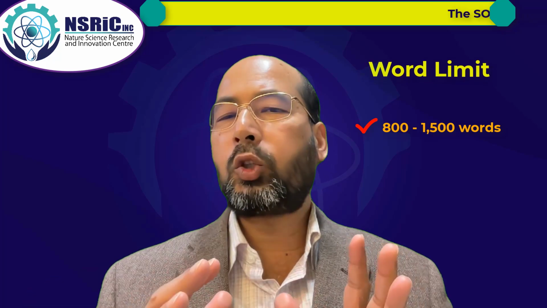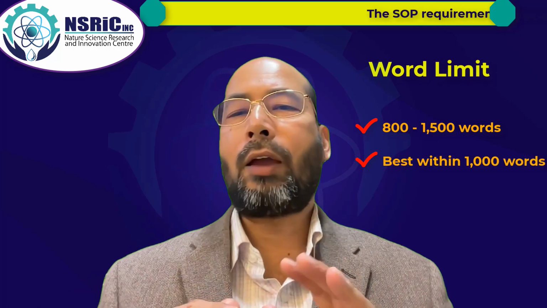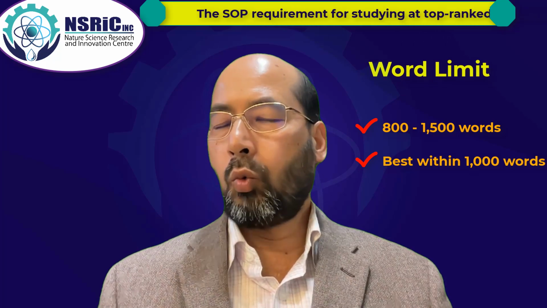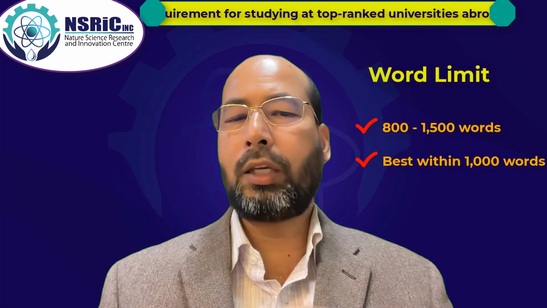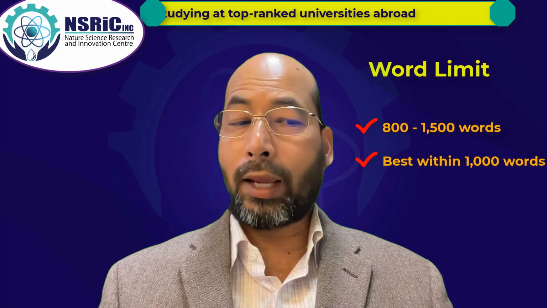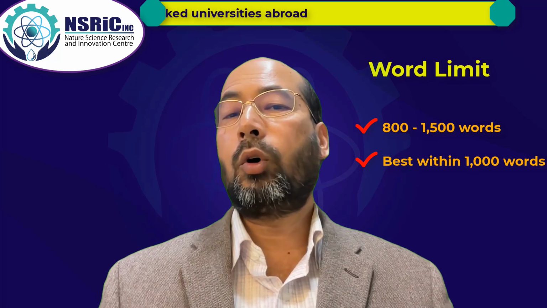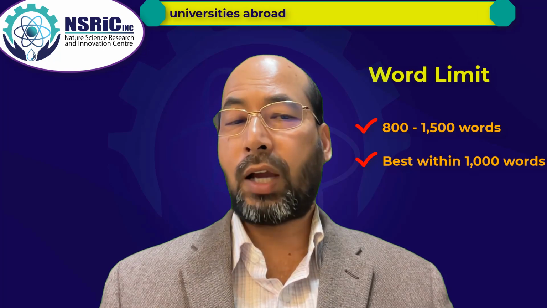So find the word count. In general, the word limit should be 800 to 1500, but the best SOP is within 1000 words. So you should make it within 1000 words. But again, follow the instructions of the university where they have a specific guideline.